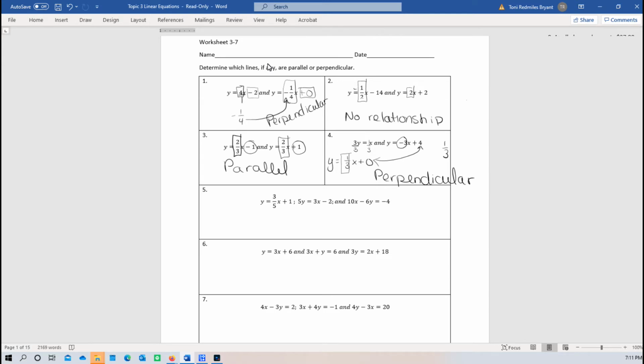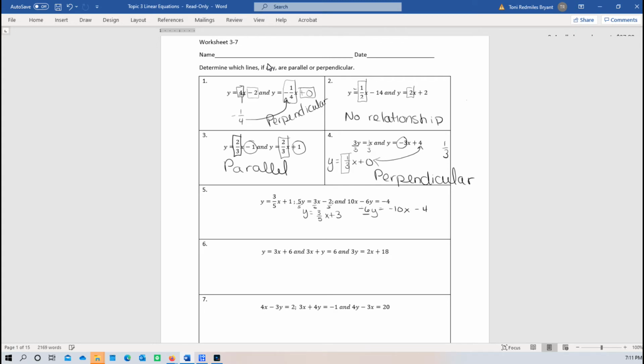All right, in this next one, the first one is arranged correctly. Let me change the second one. I'm going to divide everything by 5, and I'm going to get y equals 3/5 x plus 3. And over here, first I'm going to have to move that 10x to the other side, making it a -10x.